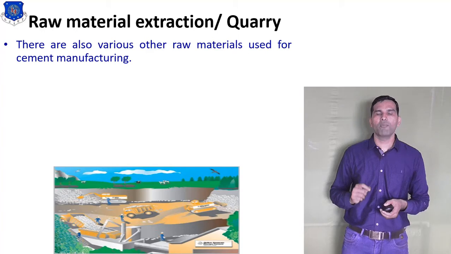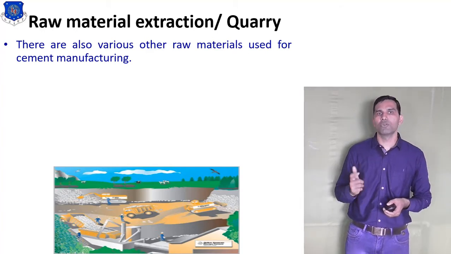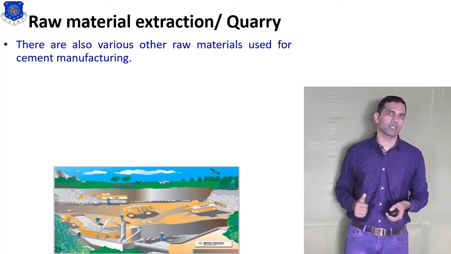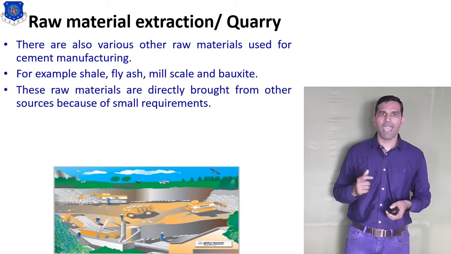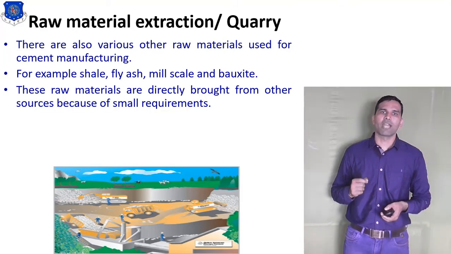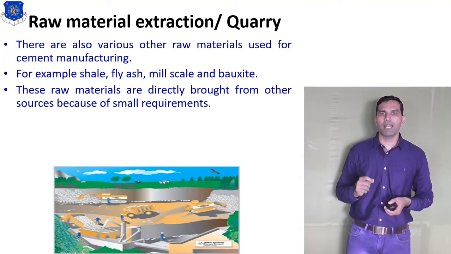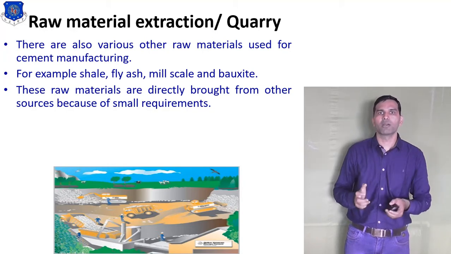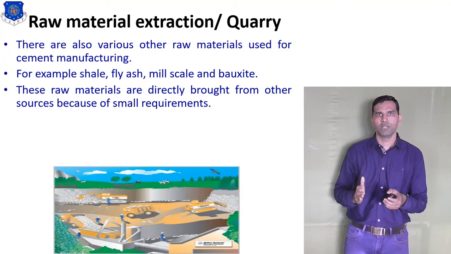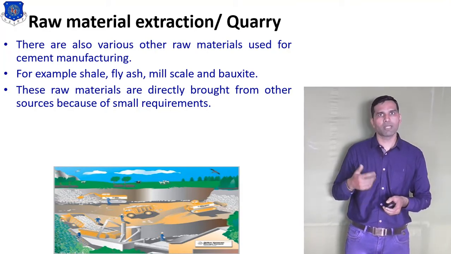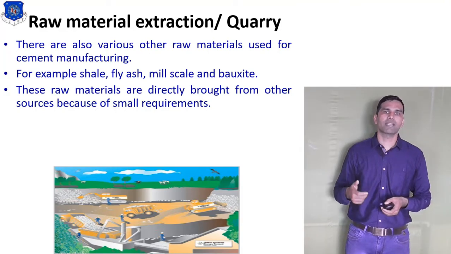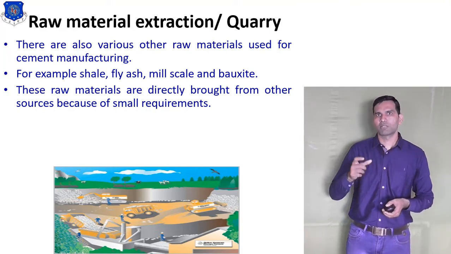There are also various other raw materials used for cement manufacturing, for example fly ash, mill scale and bauxite. These raw materials are bought directly from other sources because of the small requirement.